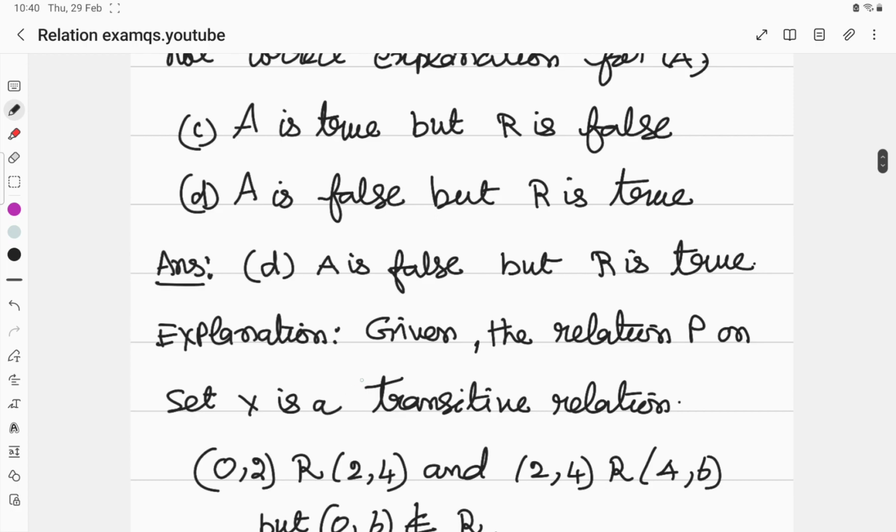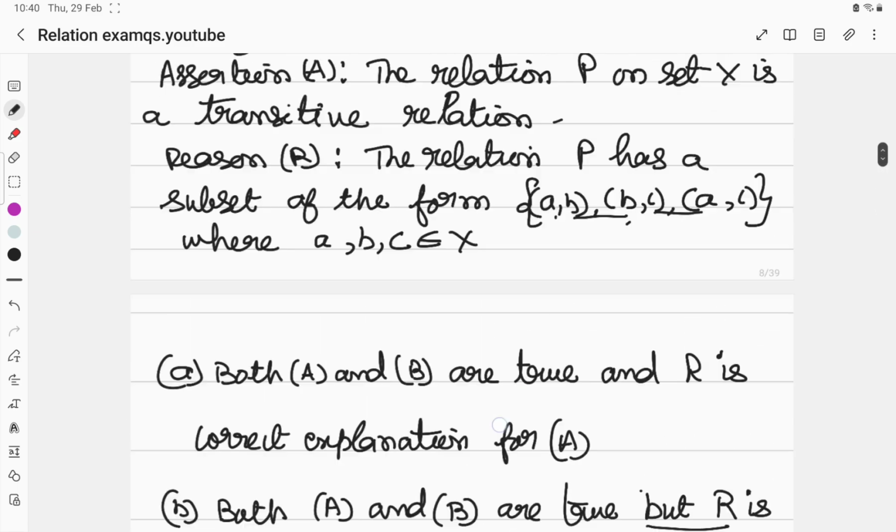How? Explanation is here. The assertion says the relation P on the set is a transitive relation.